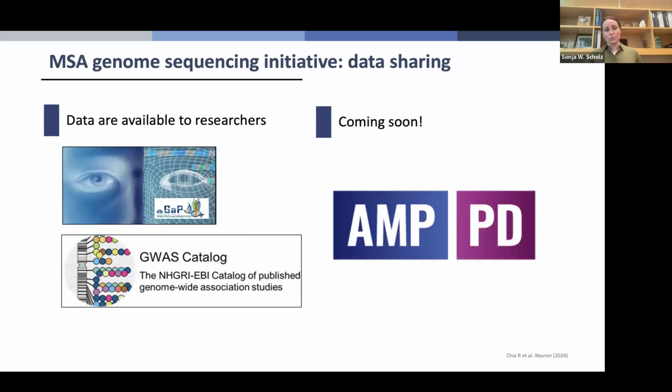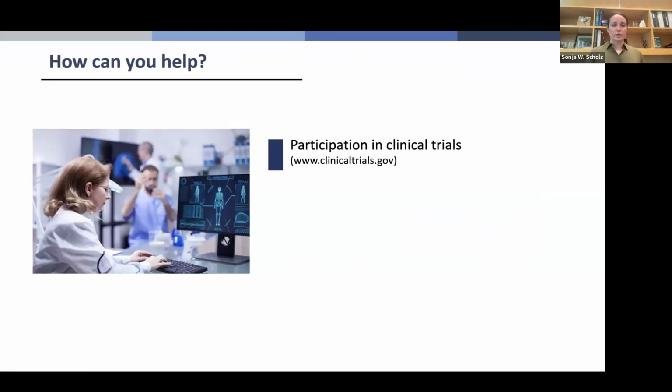All of the genomes that we have sequenced, you can access as a researcher, and they are on various data portals, and others will come, and we hope that others will continue to add their data sets so that we can build up our knowledge as we go along, and hopefully as a research community tackle this disease and figure it out.